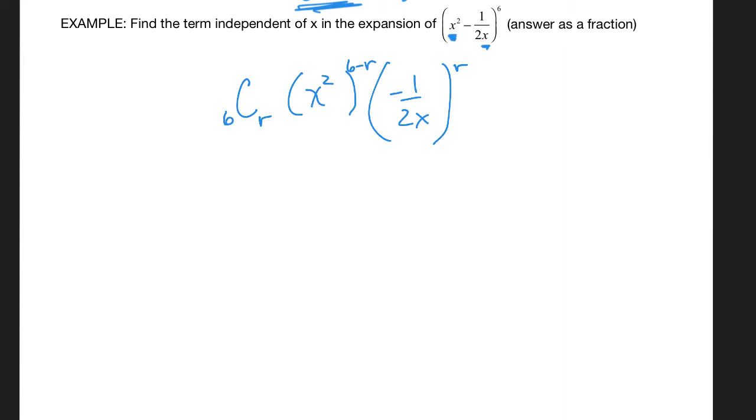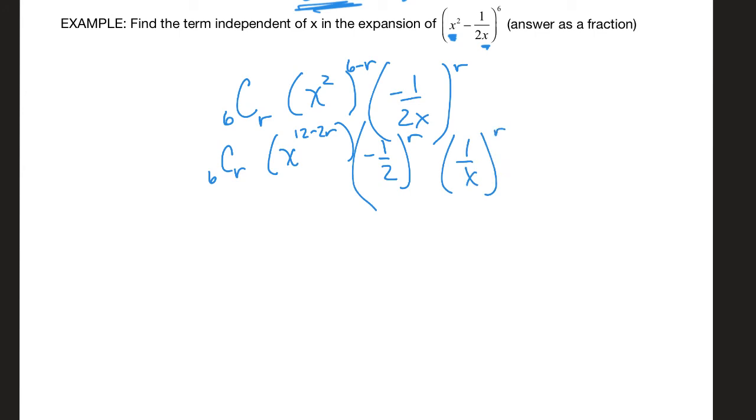Okay, so now, and this is where it's going to take some heavy-duty knowledge of exponents and how they work. So here, I know that I can just multiply and get 12 minus 2r. Here, I'm hoping you recognize that I can change this into -1/2 to the r times 1 over x to the r.